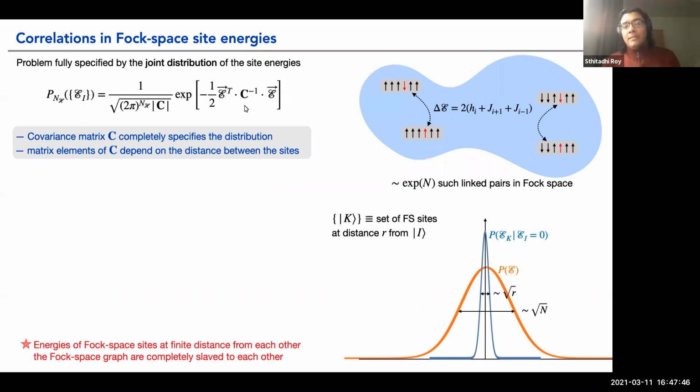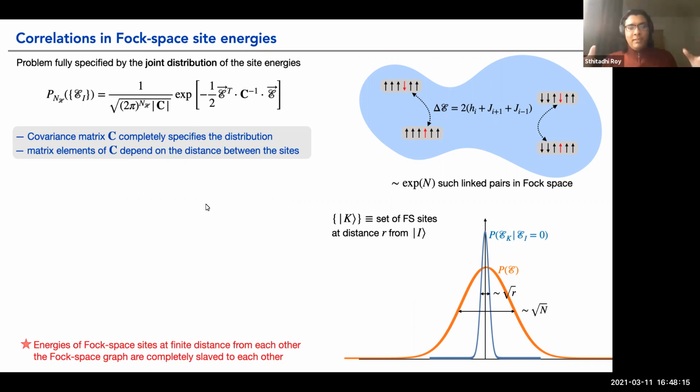The next major simplification happens when you realize, and this is again something that can be shown, that this covariance matrix has its matrix elements depending only on the distance between the sites on the Fock-space. Here, distance basically means the number of spin flips you need to make to go from one Fock-space site to another Fock-space site.